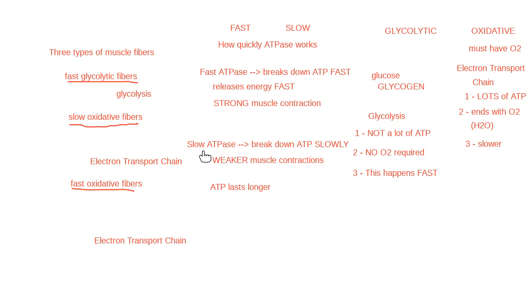I'm very slowly breaking down my ATP. No, I'm not going to make the strongest muscle contraction in the world, but I can use the ATP that I have for a really long time. If I've got a fast ATPase, I'm going to use ATP more quickly. So ATP runs out faster because I'm going to town. I'm breaking it down really quickly.